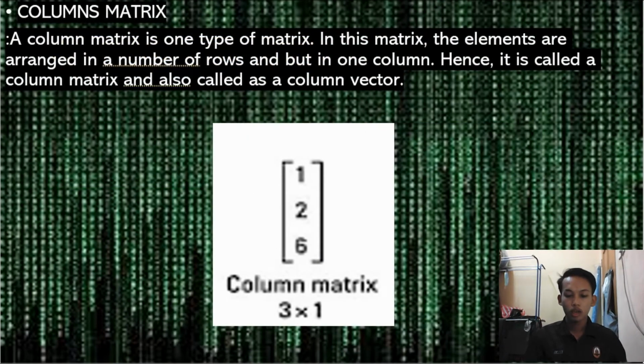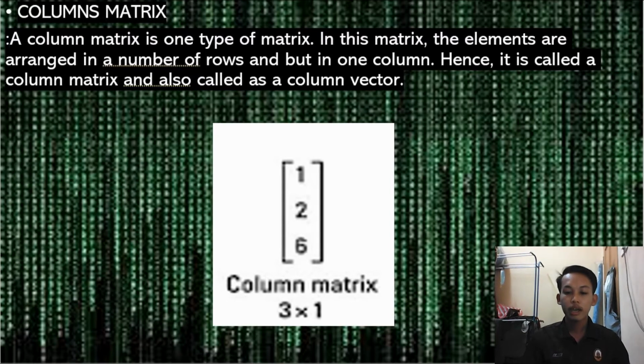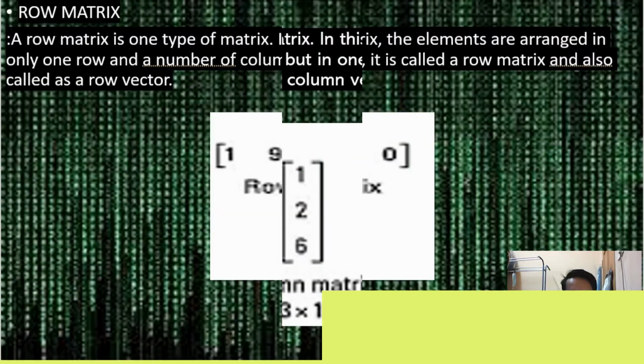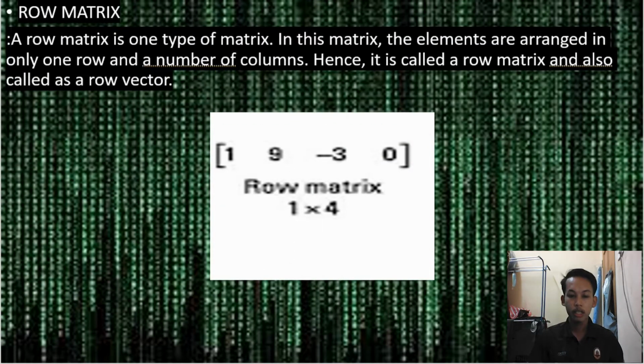2. The column matrix is a matrix that has only one column, then it is called a column matrix. Example is a column matrix of order 3 times 1. 3. The row matrix is a matrix that has only one row, then it is called a row matrix.